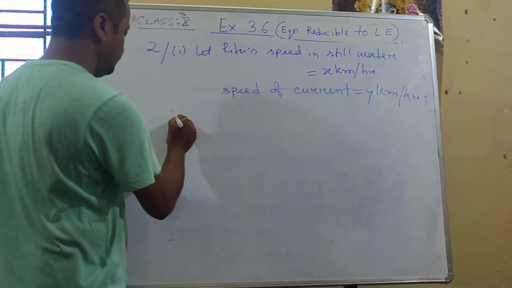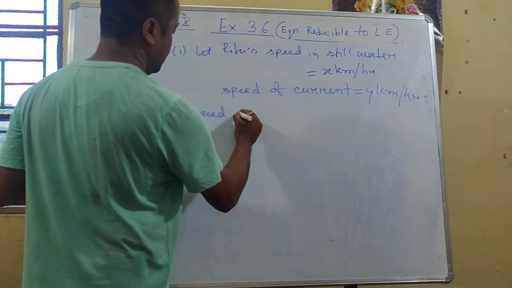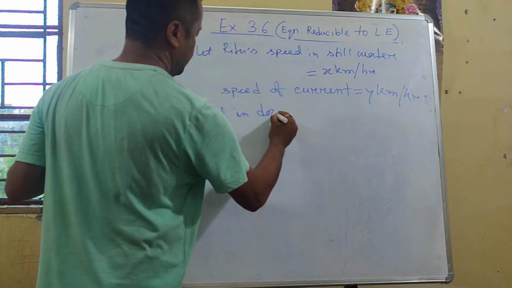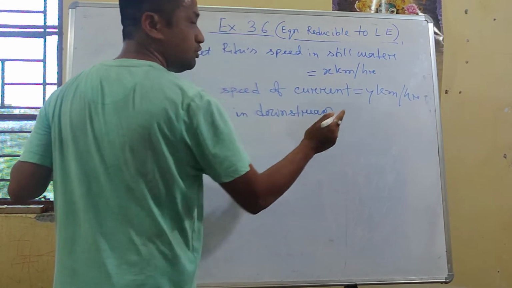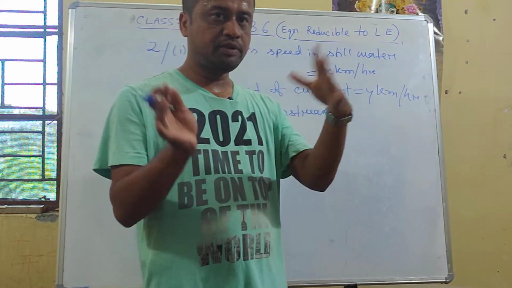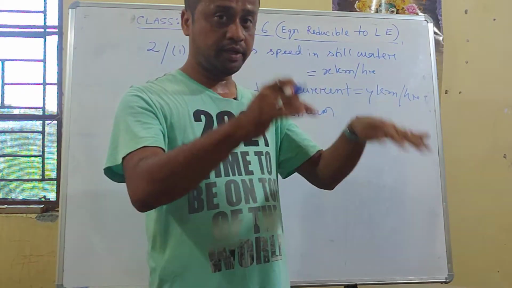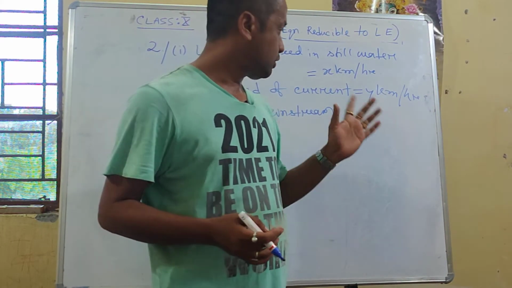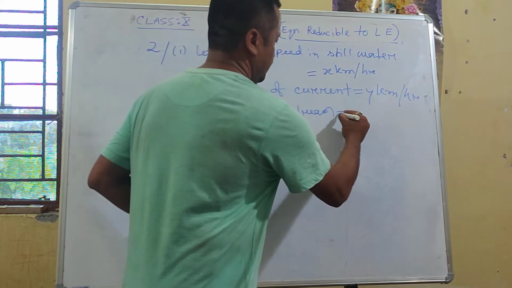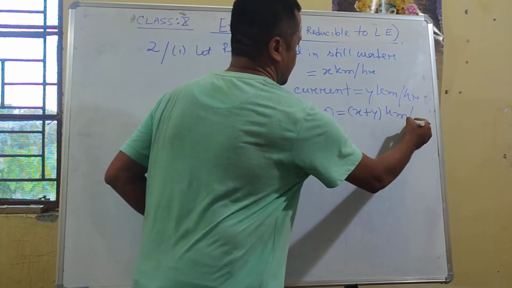So therefore, speed in downstream: in downstream it will be more force, so it will be more. So it will be plus, x plus y kilometer per hour.